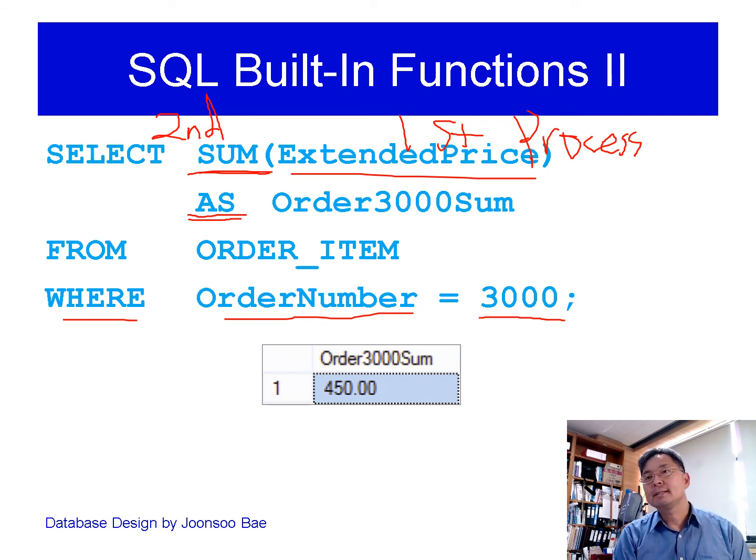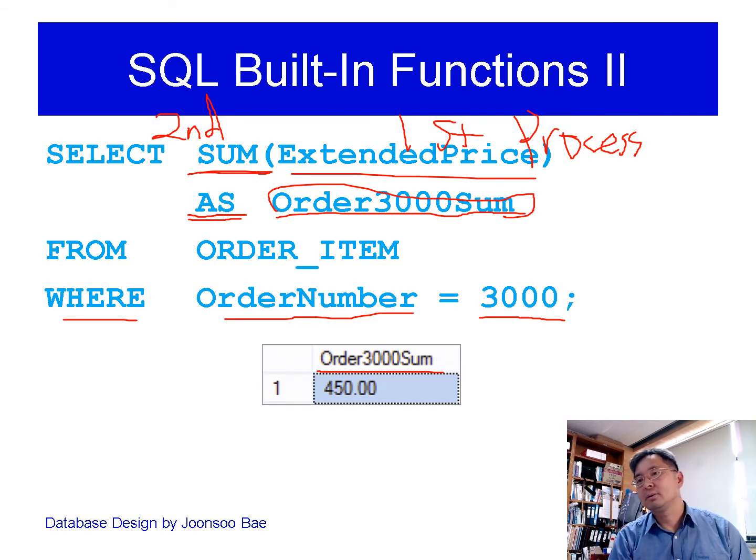Okay, the sum of this result will be named order 3000 sum in the result set. So here you can see that this column name becomes the name here. So order 3000 sum is made because of this AS keyword here.